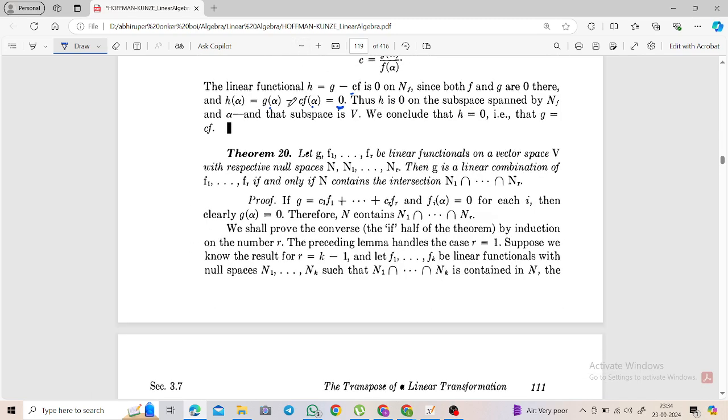Theorem 20. Let G and F1 to Fr be linear functionals on a vector space V with respect to the null spaces N to N1 to Nr. Then G is a linear combination of F1 to Fr if and only if N contains the intersection.